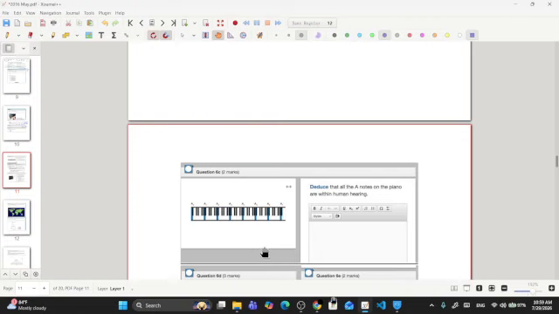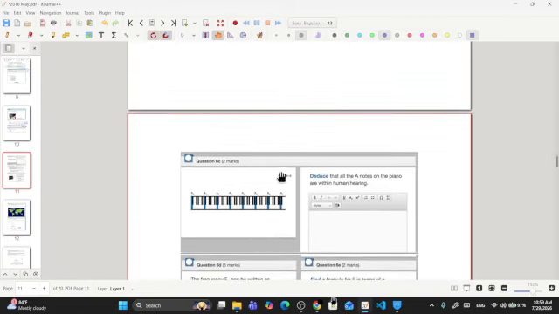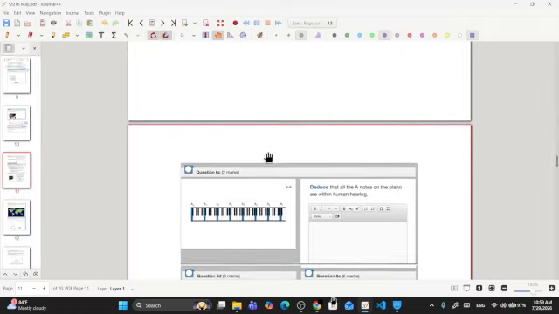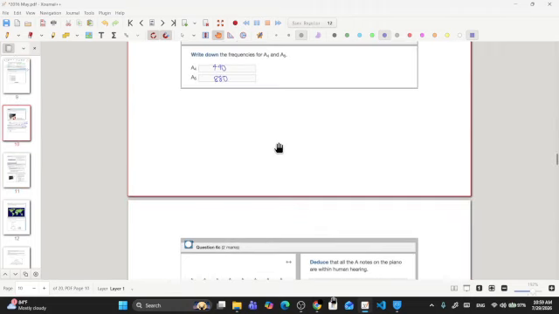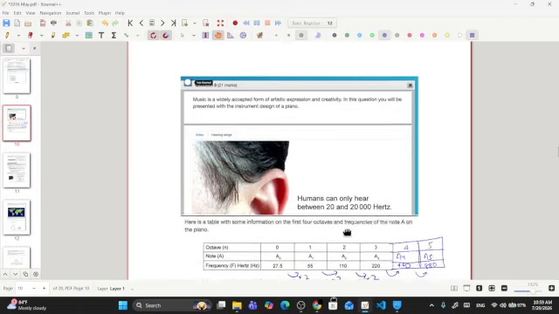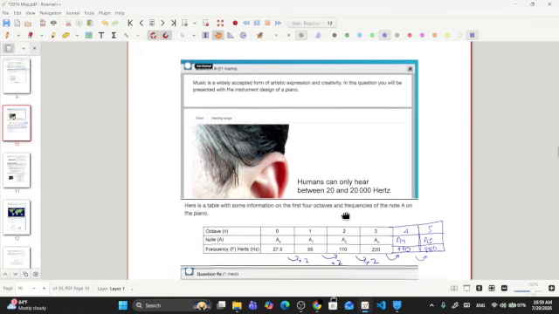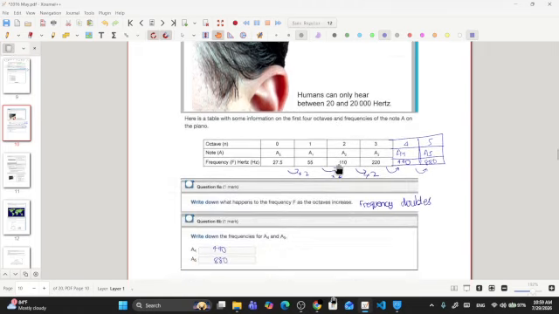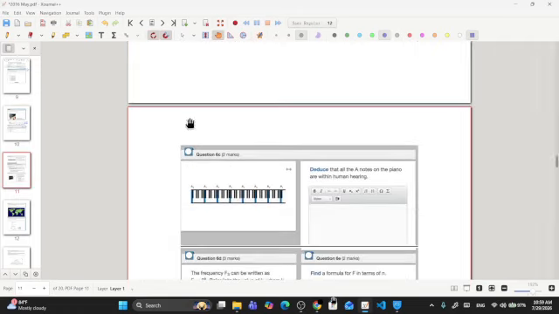Deduce that all the A notes on the piano are within human hearing. Okay, now you see, humans can hear between 20 and 20,000 hertz. So that's the criteria for humans. And we have values given up till A7.